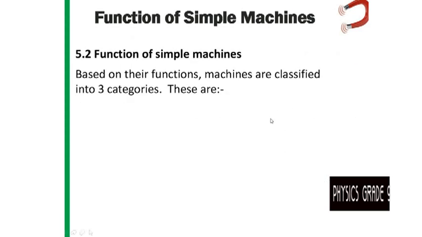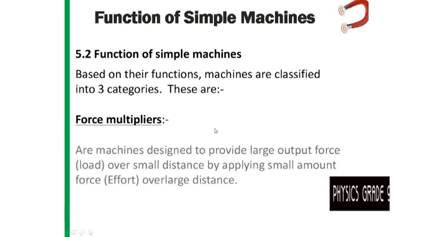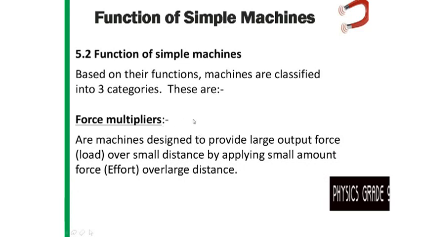So what are the functions of simple machines? Based on what they actually do, in other words, their functions, you can classify machines into three specific categories. The first is force multipliers. What is a force multiplier? Force multipliers are machines designed to provide a larger output force over a small distance.